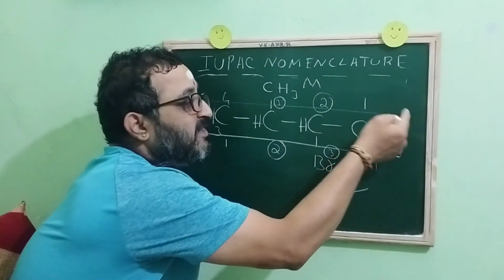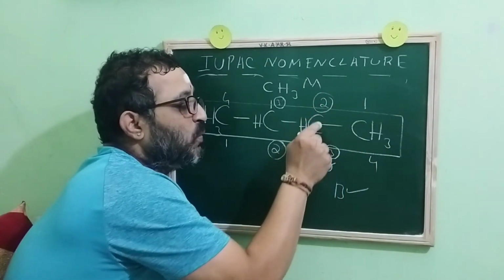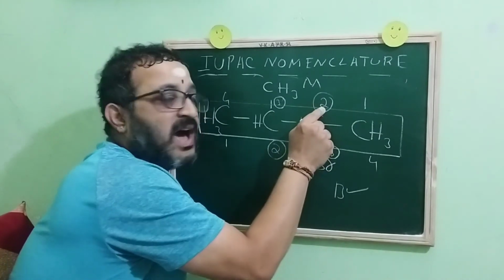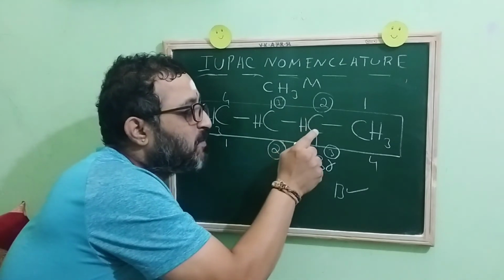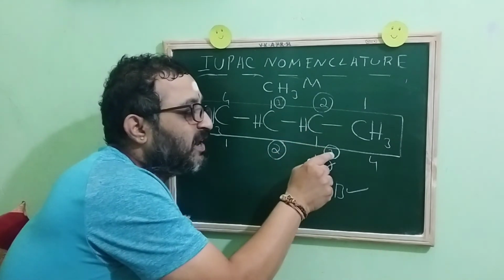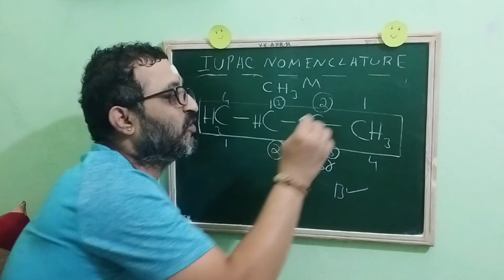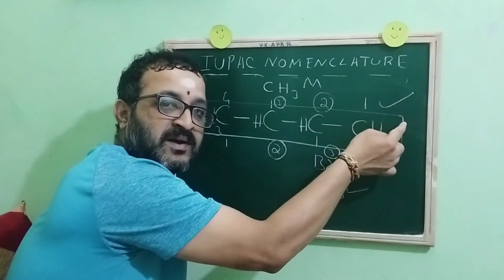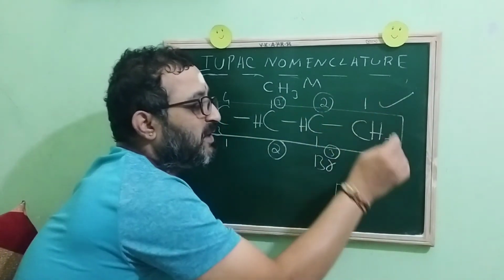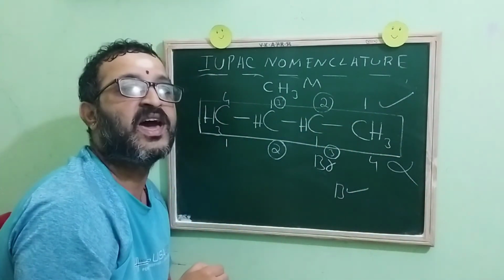Obviously, from the right side, the carbon to which bromo is attached will get 2. From the left side, the carbon to which bromo is attached will get what number? 3. So I am getting the lowest number when I number from right to left. So this will be right and this will be wrong.